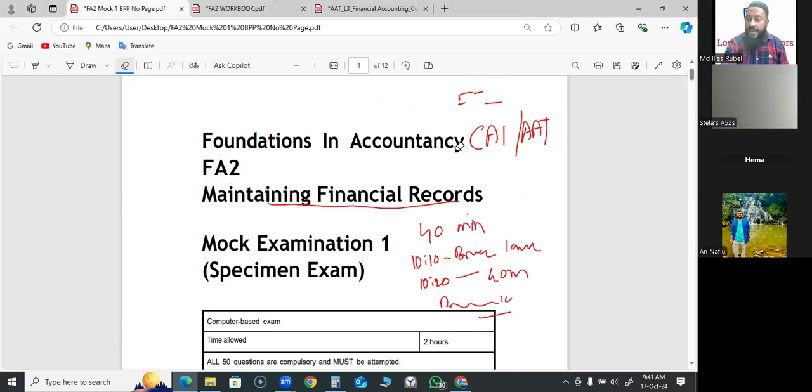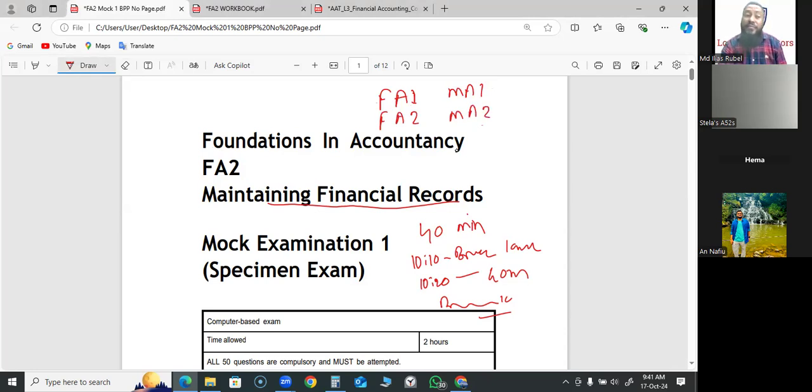This is one of the very first ACCA FIA exams, Foundation in Accounting exams. There are FA1, FA2, MA1, MA2. These are the foundation courses from ACCA, and these qualifications are available in Bangladesh, Pakistan, and South Asia.